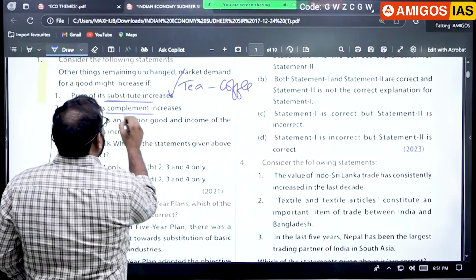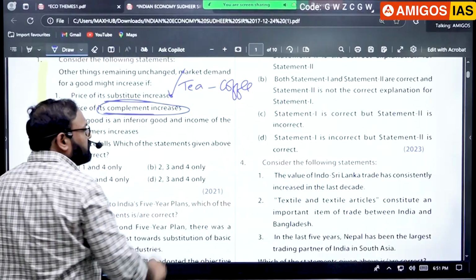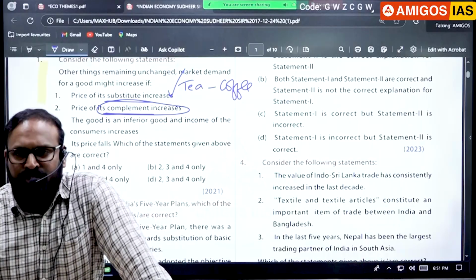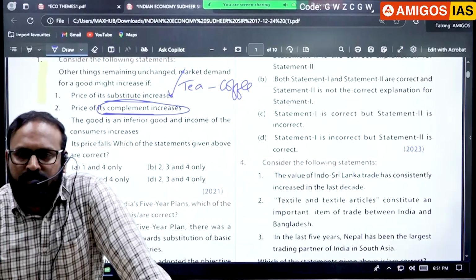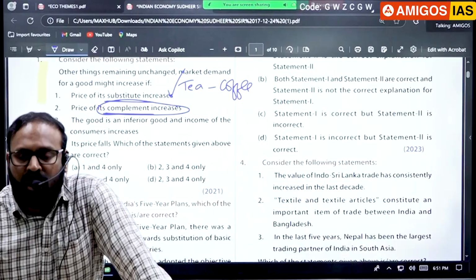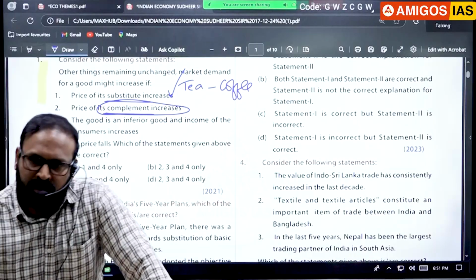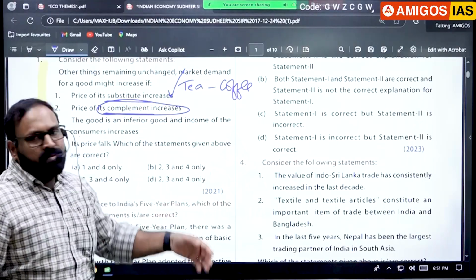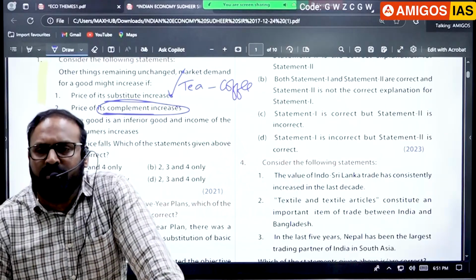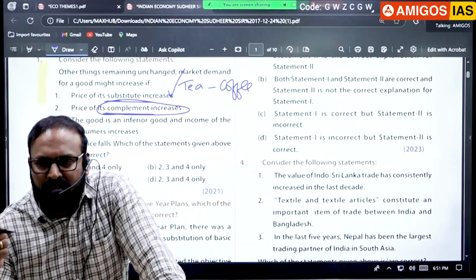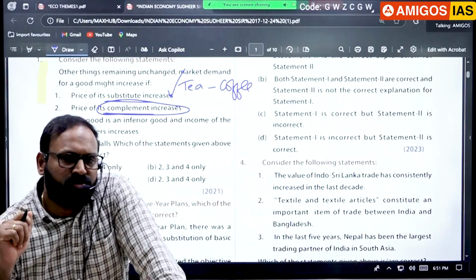Complement good price rather remains unchanged, or it might undergo down, or it might fall. Why? Only then demand increases. What does the law of demand say? Inverse relationship between demand and price of goods.